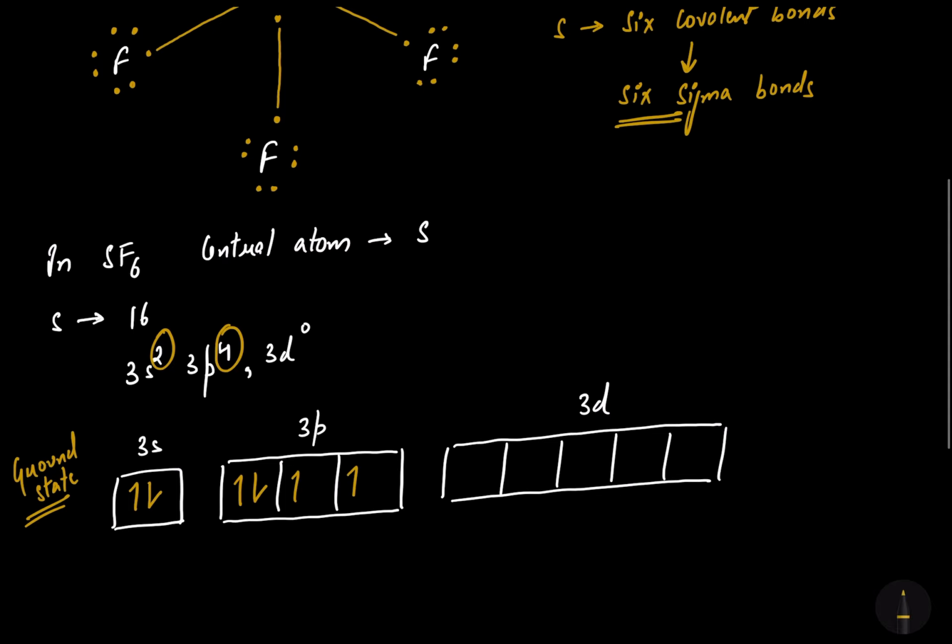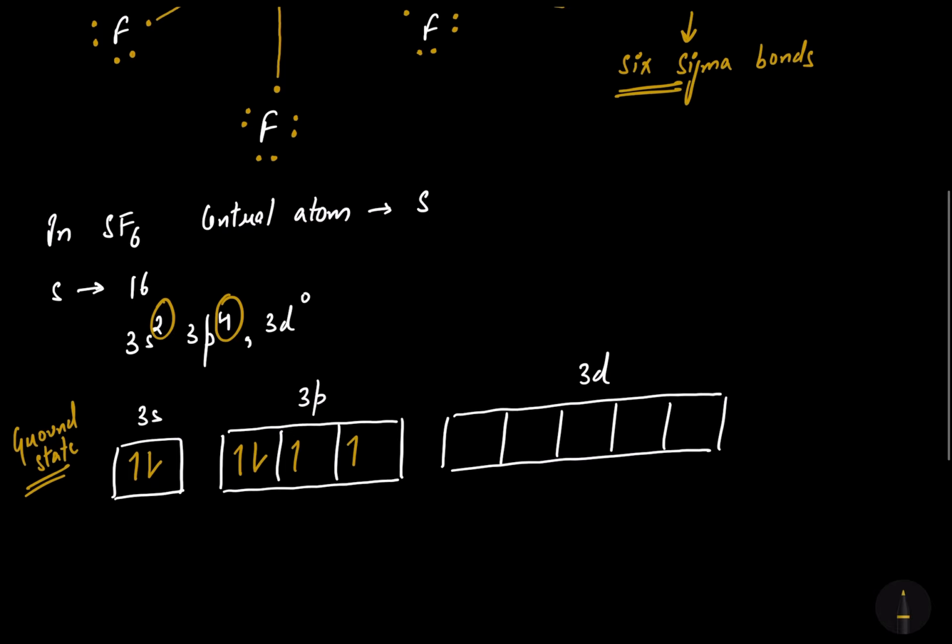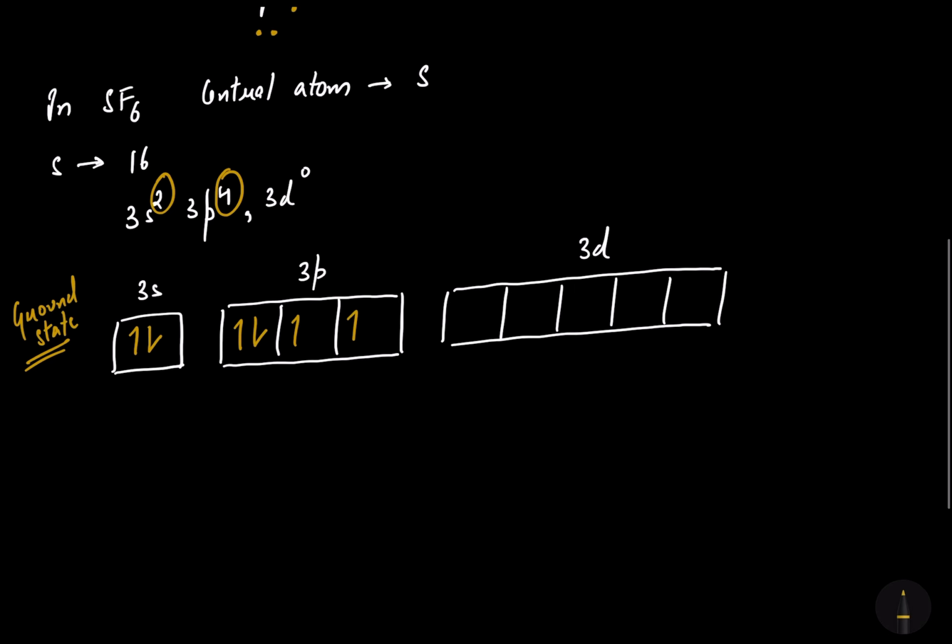Now if sulfur is forming the 6 sigma bonds, then sulfur must have 6 atomic orbitals containing 1 electron each, so that they can overlap with the atomic orbitals of fluorine containing 1 electron for the formation of the covalent bond.